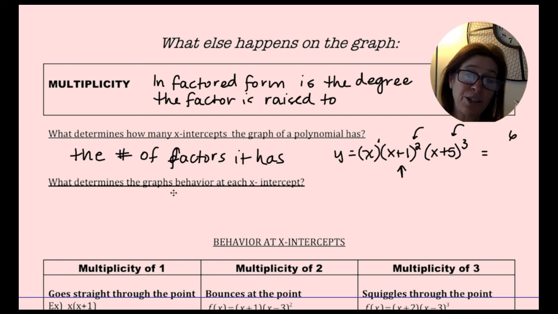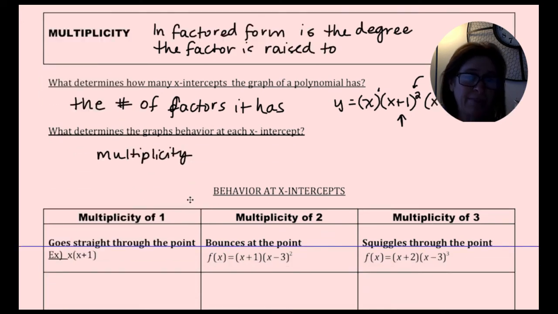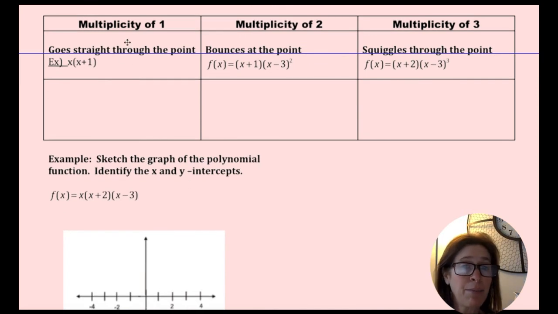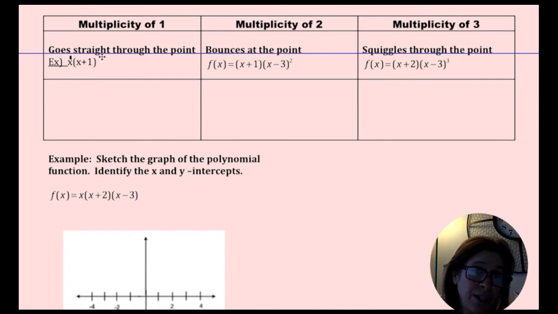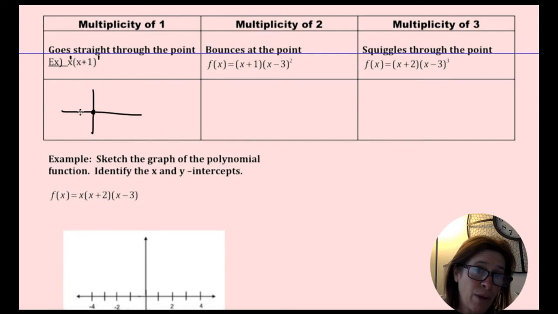So what determines the graph's behavior at each x-intercept? That would be its multiplicity. Let's talk about this. If it has a multiplicity of 1, you can see each of these factors has a multiplicity of 1. If I were to graph it, I know I have x-intercepts at 0 and -1, and I can tell this is quadratic.